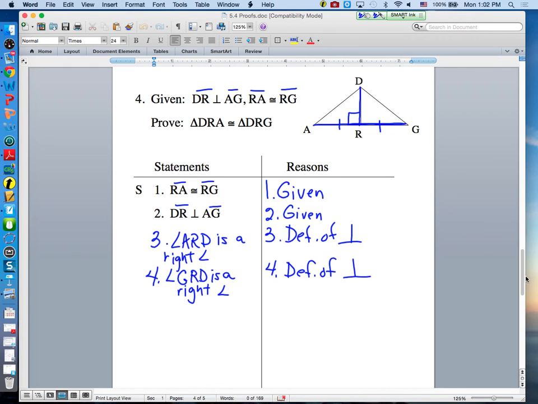Both of them were interpreting what perpendicular meant. Can we come up with anything more? Okay, by reflexive. Okay, so not angle, segment. Segment DR is congruent with segment DR. Reflexive property of congruence. Line 6.